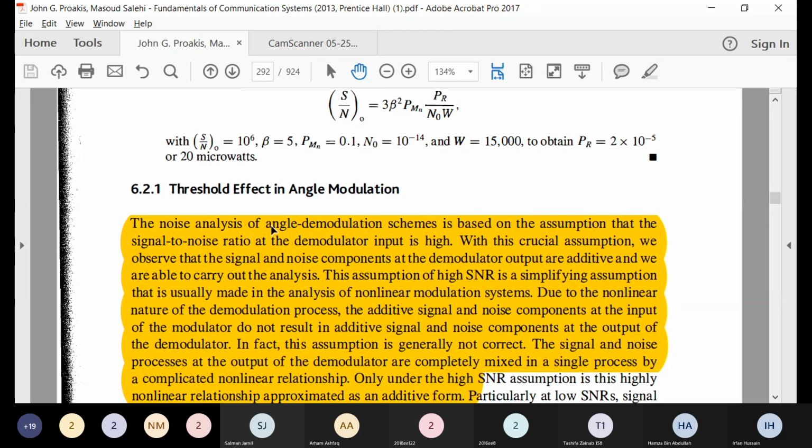So we had assumed earlier that the signal to noise ratio is high at the input to the demodulator, and with that assumption we had observed that the signal and noise components at the output of the demodulator are additive.